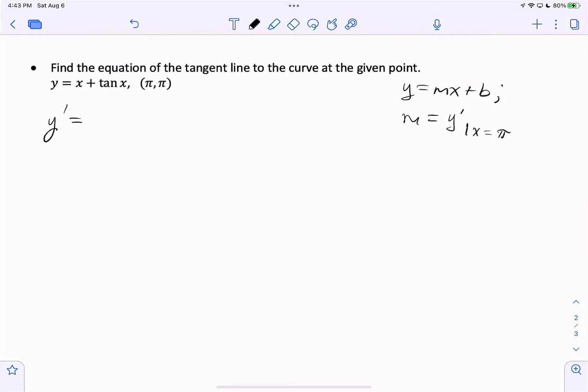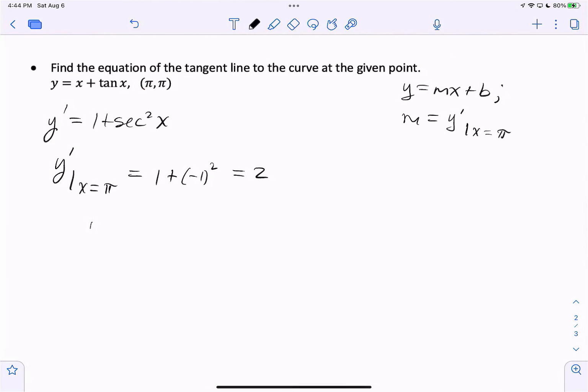y prime is equal to 1 plus the secant squared of x. y prime evaluated at x equals pi is going to be 1 plus (-1) quantity squared, because the cosine of pi is -1, so the secant of pi is -1. The slope is equal to 2.